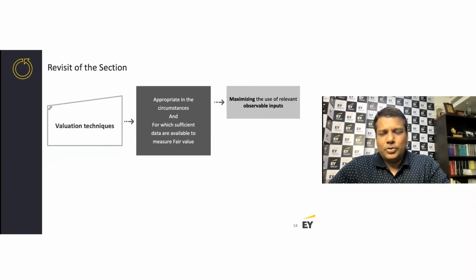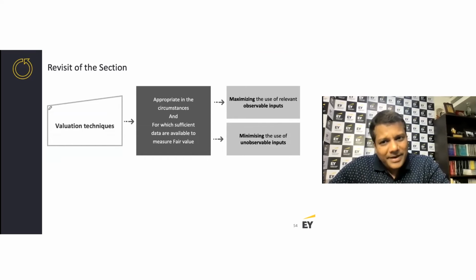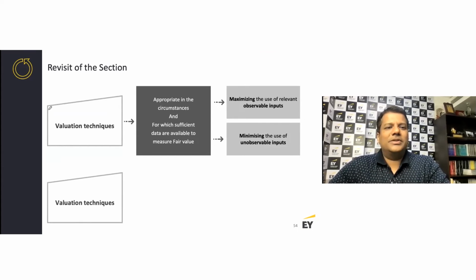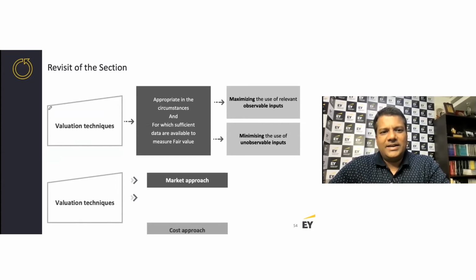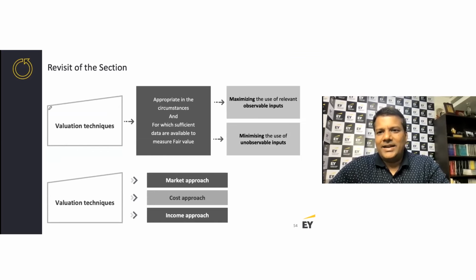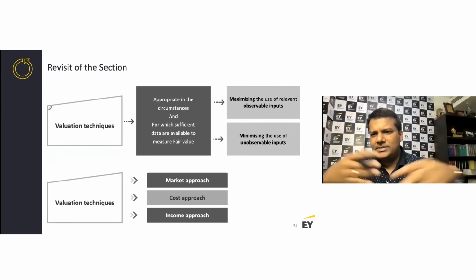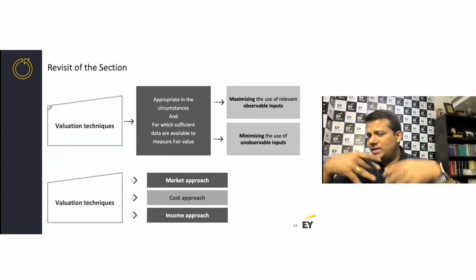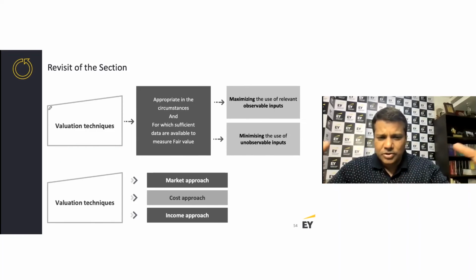Then we saw the different types of assets for which you value using these methods. There could be a combination of methods, and you need to disclose those assumptions and be consistent. Maximize the use of observable inputs and minimize the use of unobservable inputs.